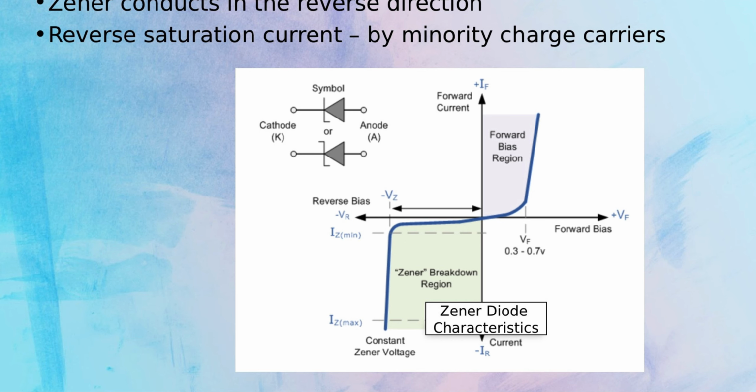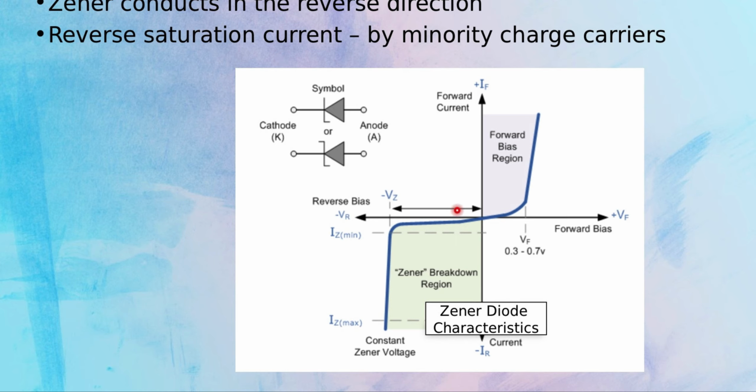So this is the voltage-current graph of a Zener diode. The reverse saturation current is mainly because of the minority charge carriers in the Zener diode. The symbol of the Zener diode is this, but it is also represented in this form.